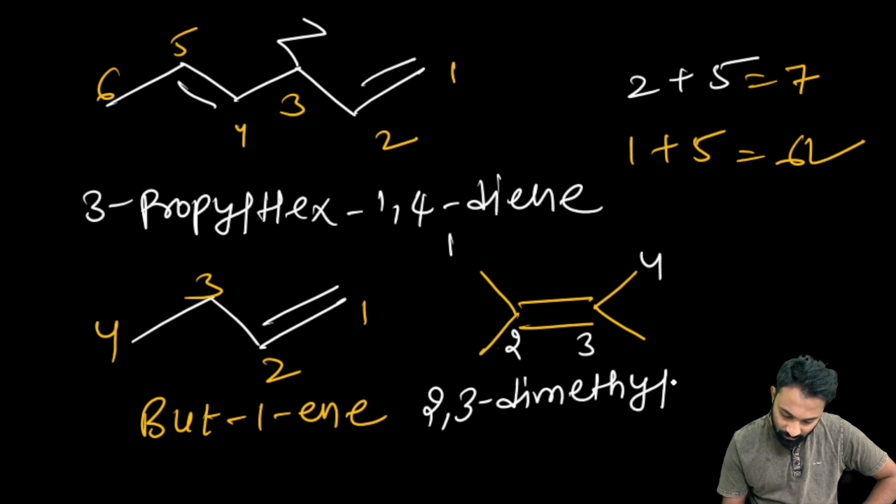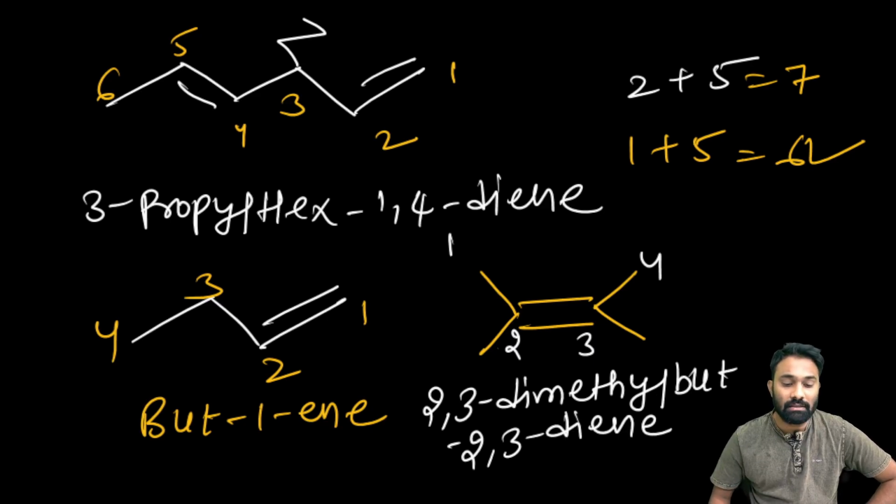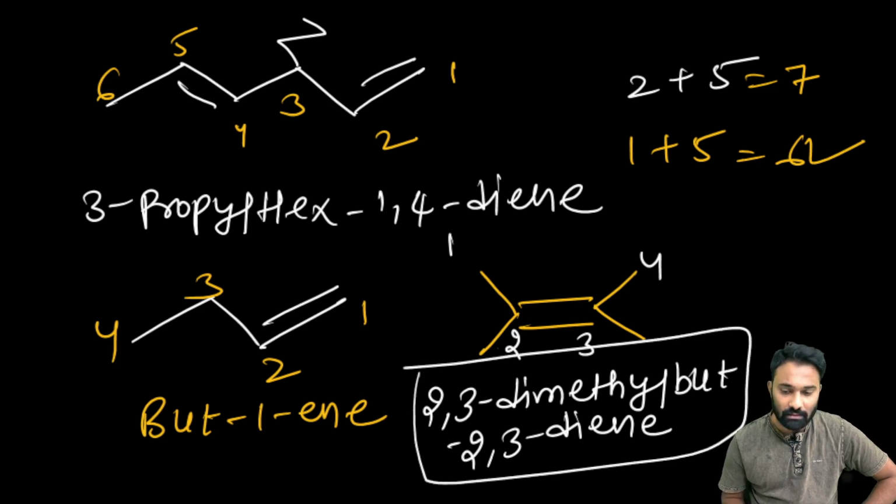How many carbons are there? 4, so but, 2,3-diene. So 2,3-dimethylbuta-2,3-diene. Clear?